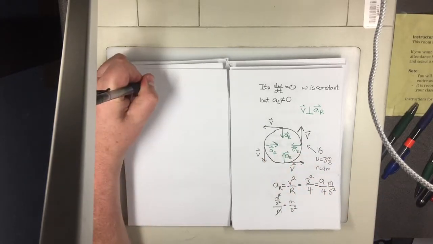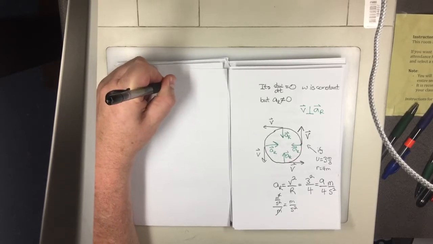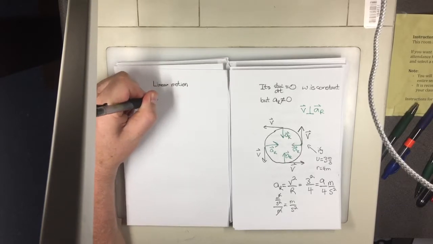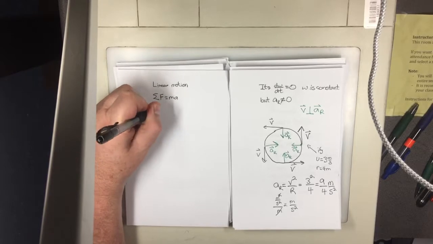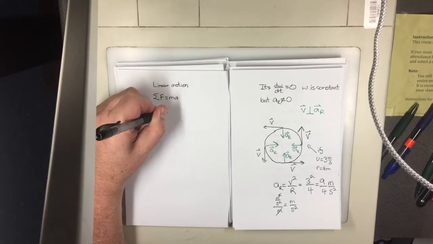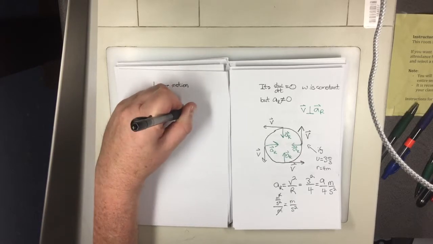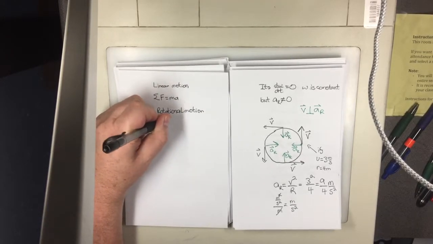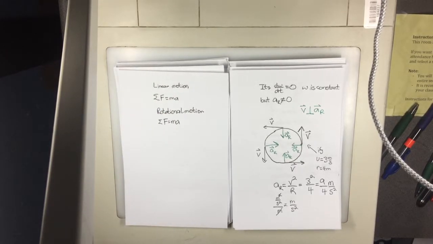And in linear motion, the sum of the forces is equal to ma, and in rotational motion, the sum of the forces is also equal to ma, but in rotational motion, a is v squared over r.